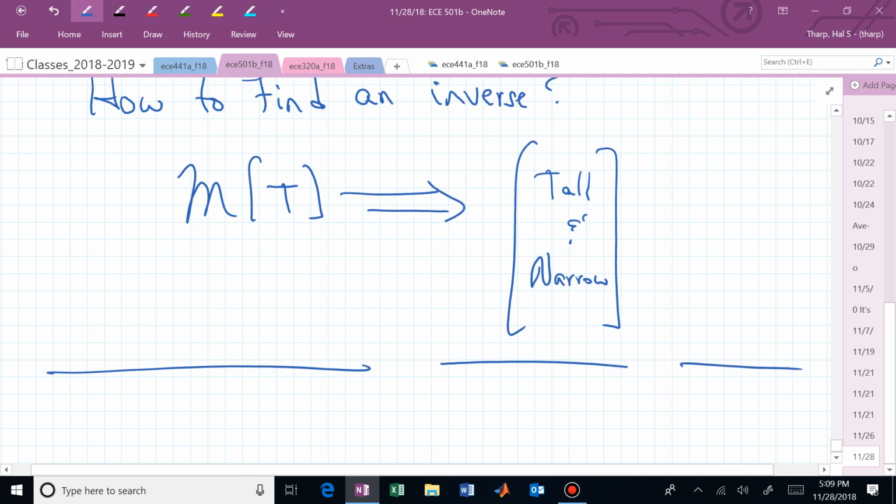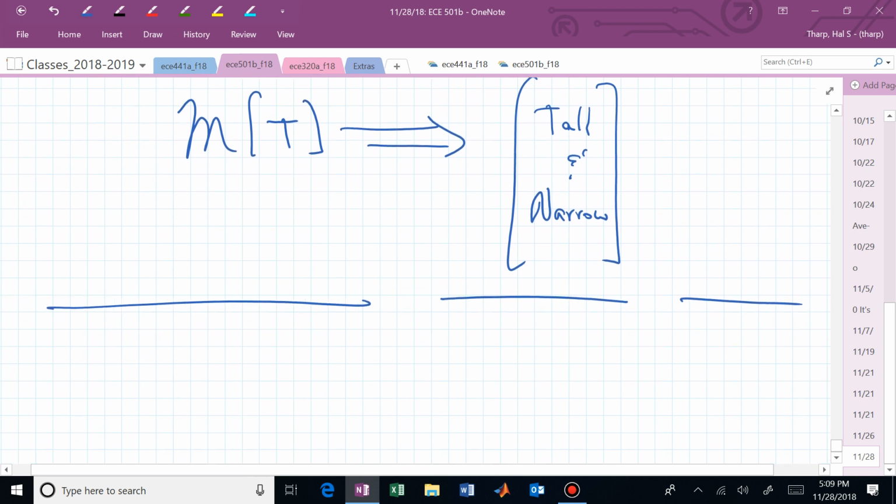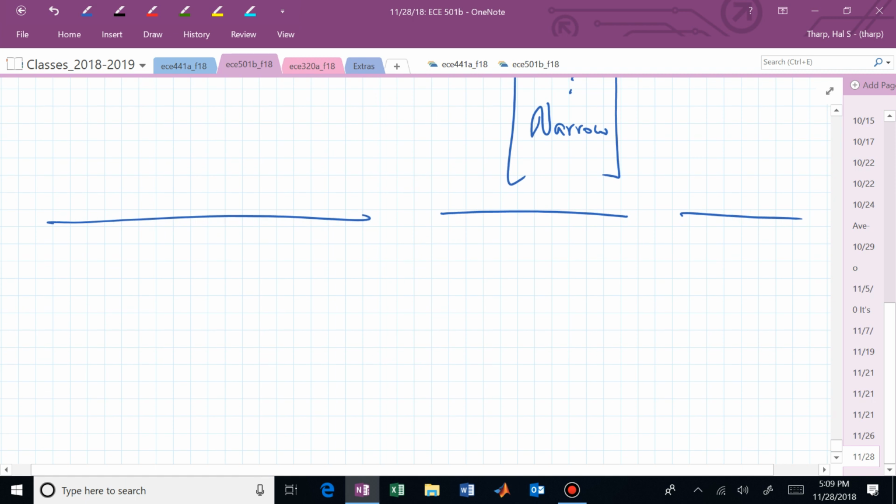It'd be nice if we could create a pseudo-inverse that we can use for all of these cases. The case where we have an inverse, the case when we don't have an inverse, and the case when these dimensions are not the same. So all of these situations can actually be addressed in the following way.